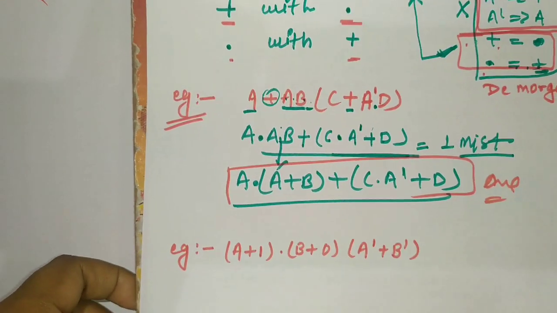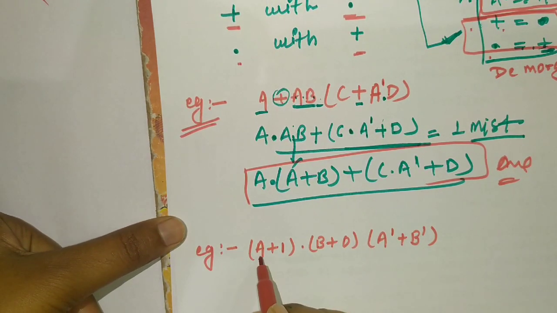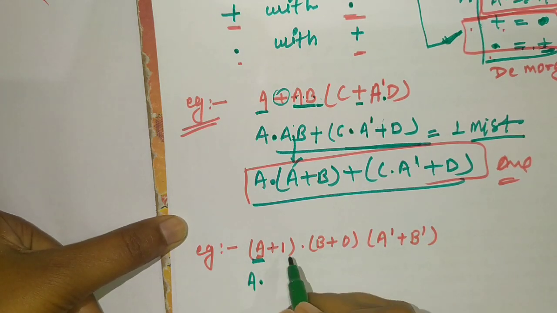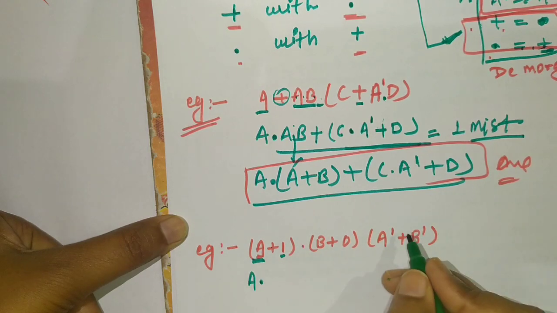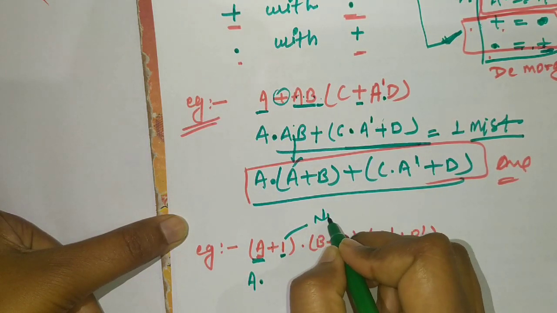Next we take another question on the principle of duality. Here A is written as it is, because a variable cannot change. Plus sign changes to into. Here is 1. Is 1 changed or not? 1 is changed, because 1 is not a variable.